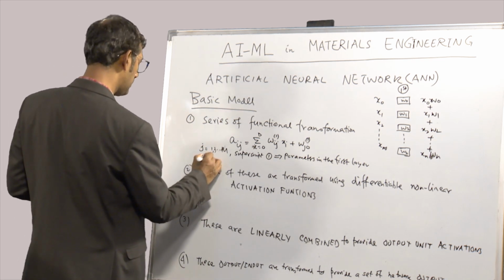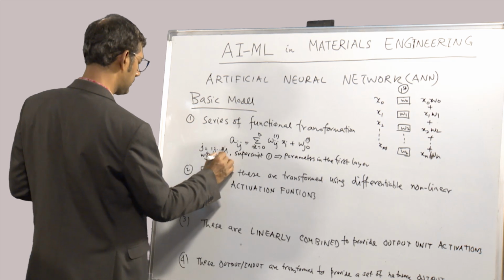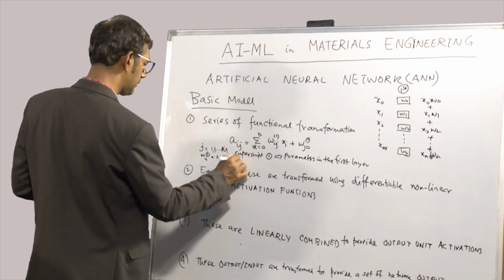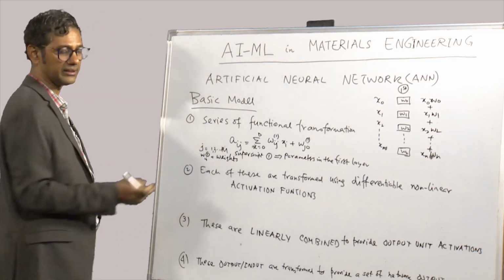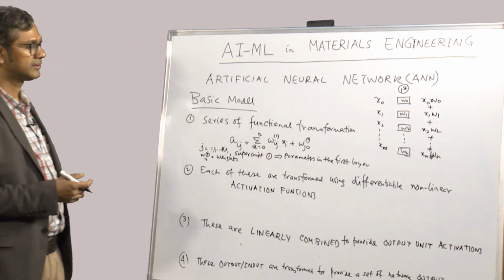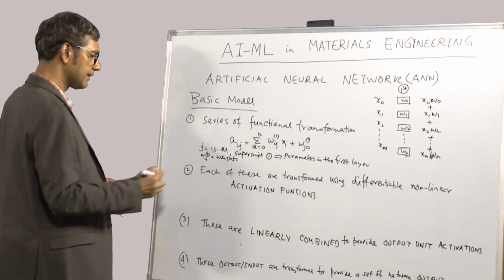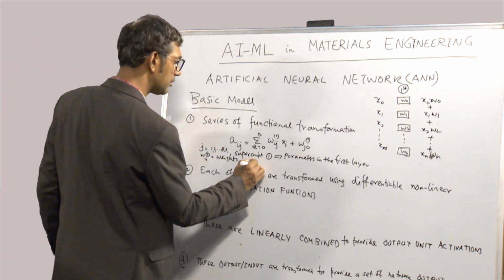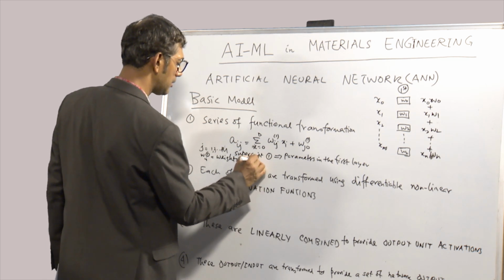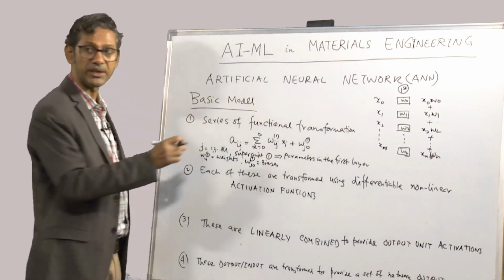this W are weights W_ij. So, you must be thinking why ij, that is because I can vary j also, I can vary i also, right, depending on that, that is why. And this W_0, these are nothing but biases to the weights, remember.